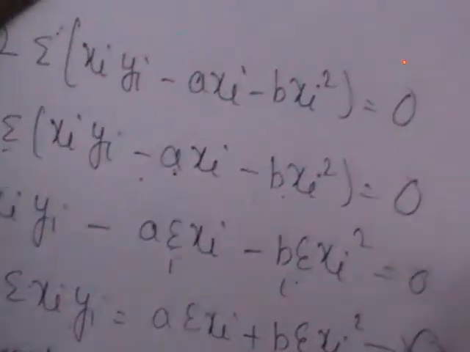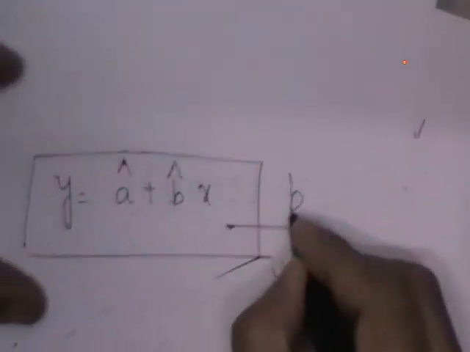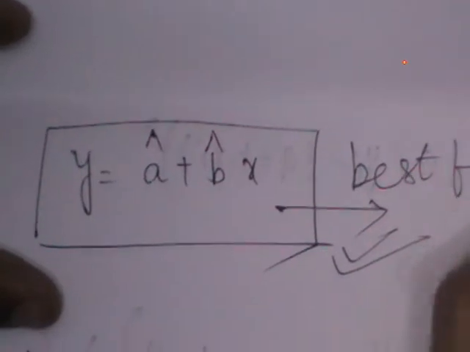Similarly, by differentiating with respect to b and equating it to 0, I got another equation. These two equations are called normal equations. Then these two equations are solved to obtain a, b. Once those two are obtained, this represents the best fit to the given data.